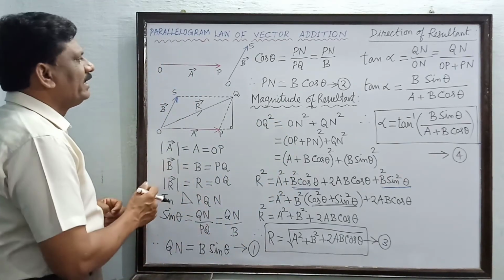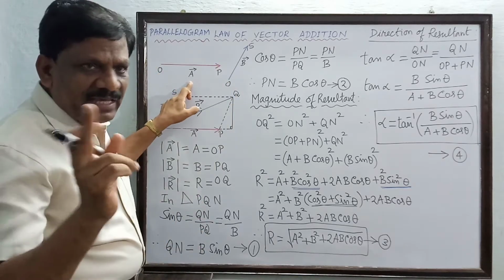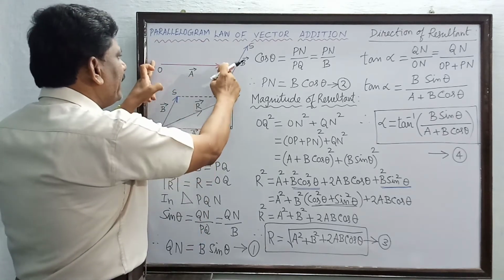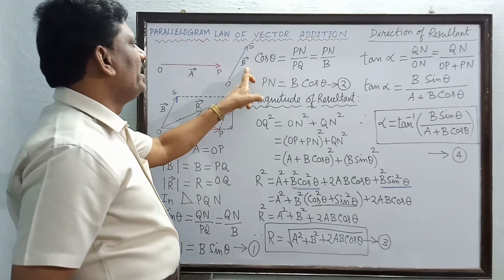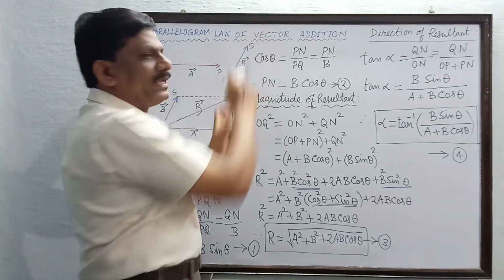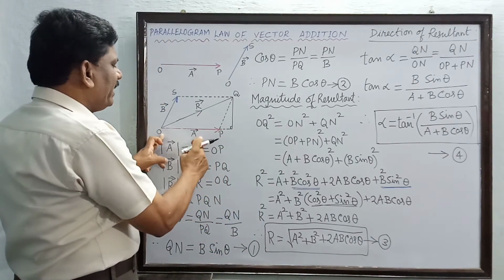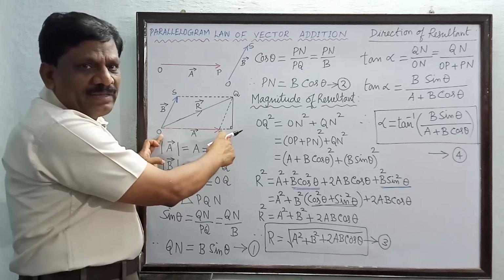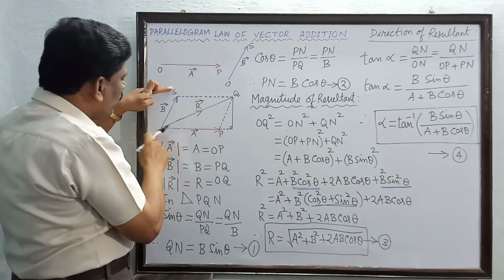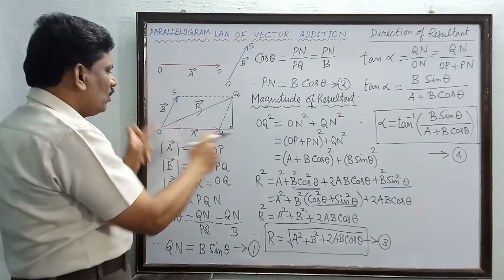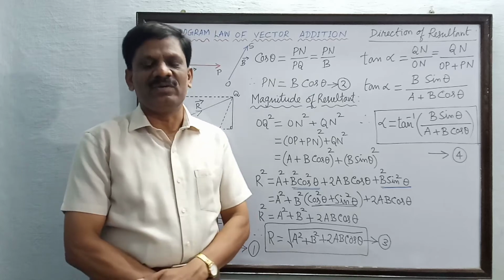So now you can see here the magnitude of the given vector A is equal to the length OP, and the magnitude of the given vector B is equal to the length OS. I am representing the vector A along the side OP of the parallelogram, and the vector B is represented along the side OS of the parallelogram. So OP and OS are the two adjacent sides of the parallelogram.